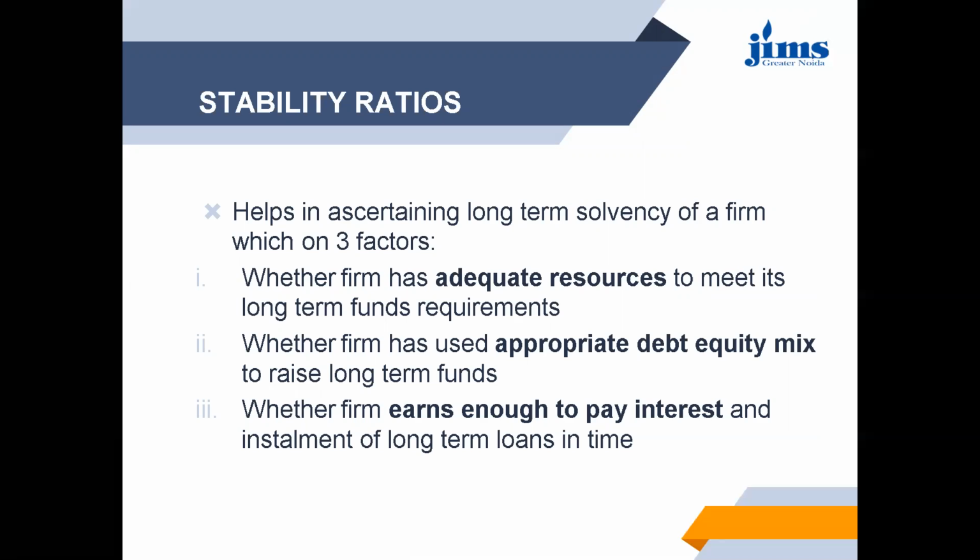So when we talk about the long-term solvency position, we are talking about the long-term funds. So here we'll talk about only the long-term funds, not the short-term funds. So shares, debentures, reserves, surplus, these are all the long-term funds.